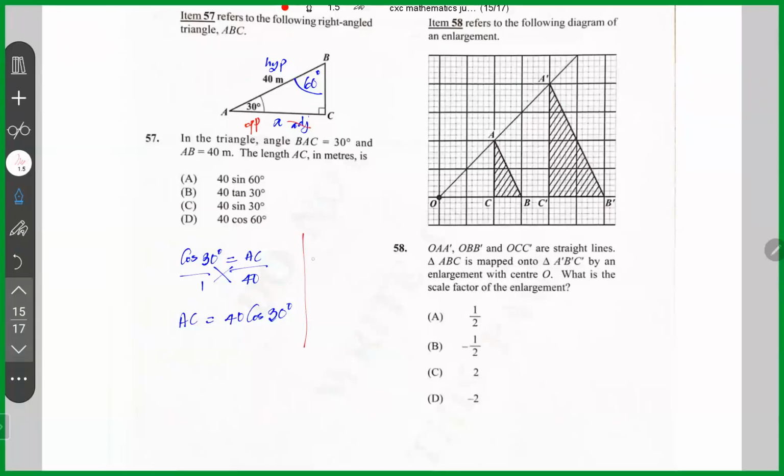So that's sine of 60 degrees is opposite AC over the hypotenuse, which is 40. Cross multiply, and we get AC is equal to 40 sine 60. So 40 sine 60, that would make my answer A.